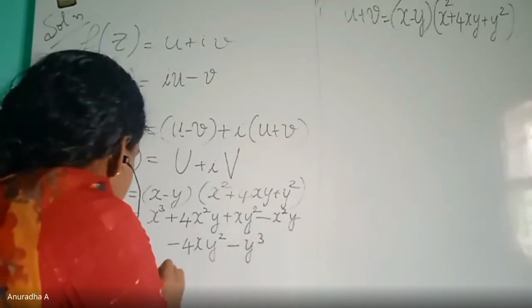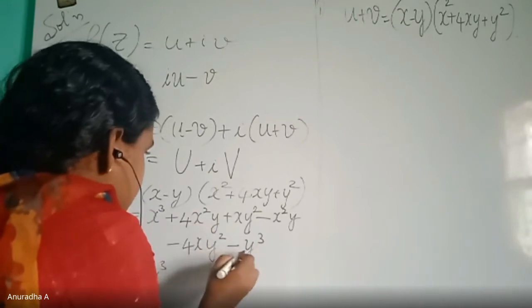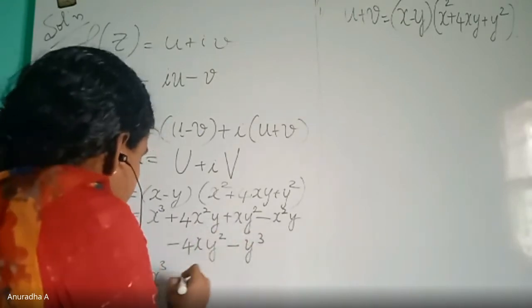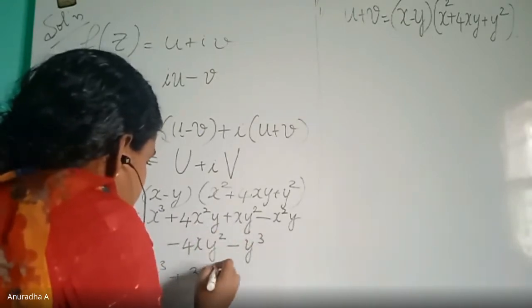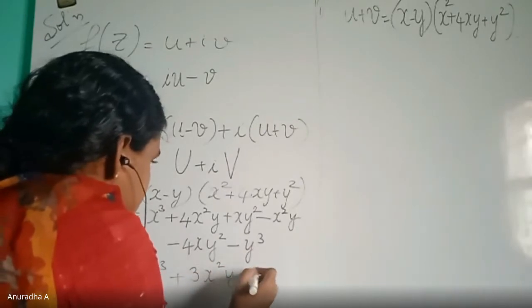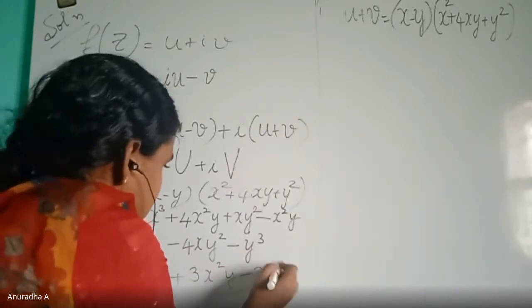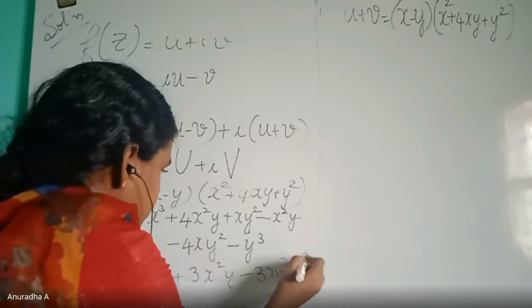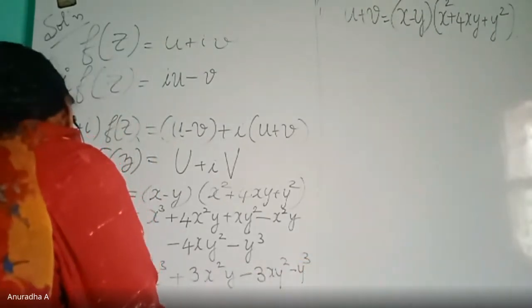So actually it is x cube. If I subtract x square y, it is plus 3x square y minus 3xy square minus y cube. So this is only actually u plus v.